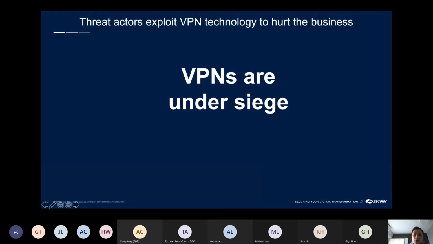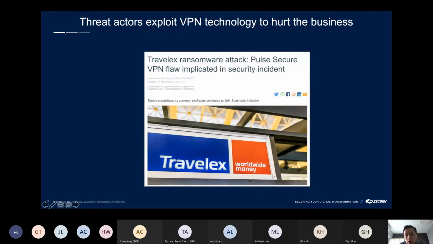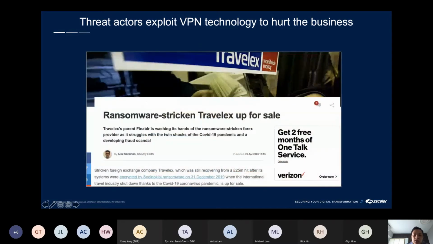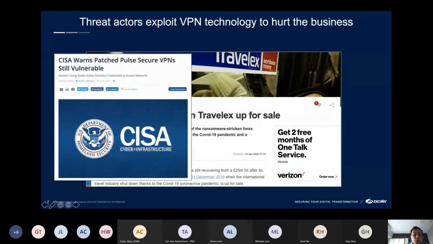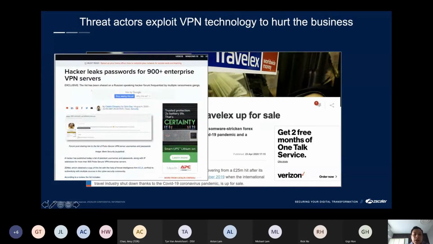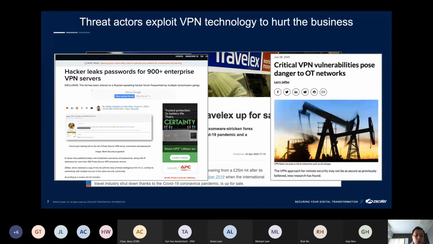But at the same time, if we look into the third-party information we got from many websites, you can see that every 2 or 3 months, you will hear something about VPN security. So we know VPN is important as a user, and the same goes for hackers. They know VPN is very important to the enterprise, and it is also a backdoor, a channel available to them to access the enterprise network.